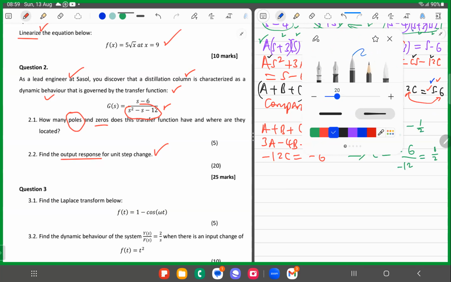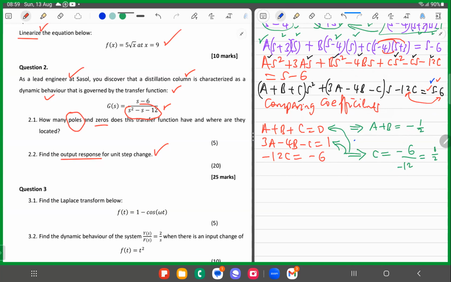And then here, you would have 3a minus 4b, you put c as 1/2, which is 3 over 2. So at this point, you have a plus b is minus 1/2.